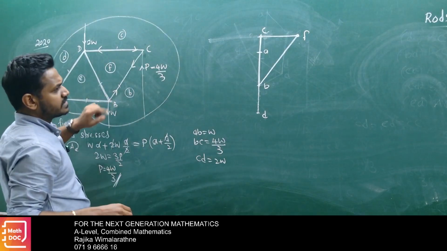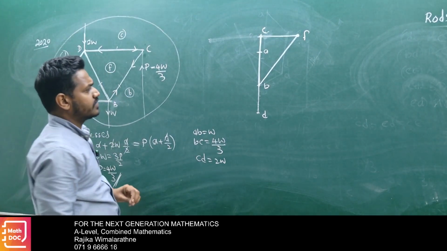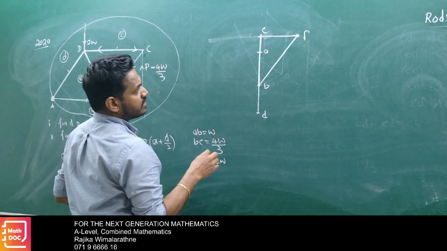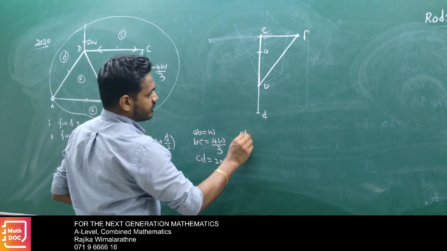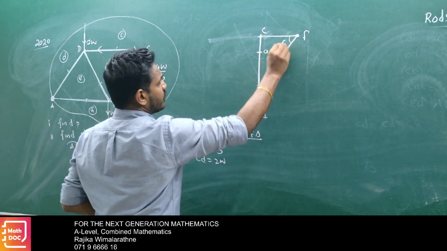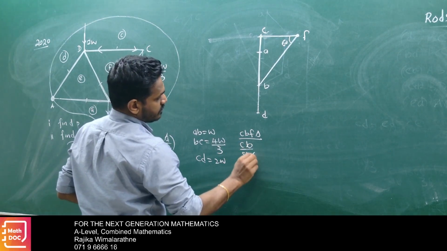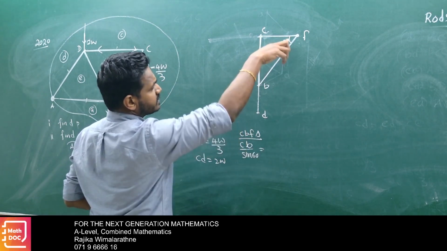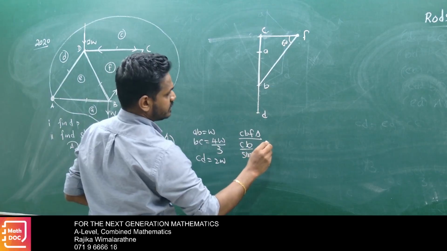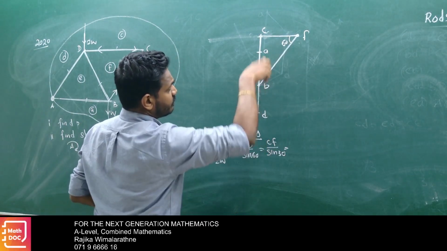Then go to this vertex. Then it is better to find the forces. Consider the CBF triangle. CB over sine 60, CF over sine 30, BF over sine 90.